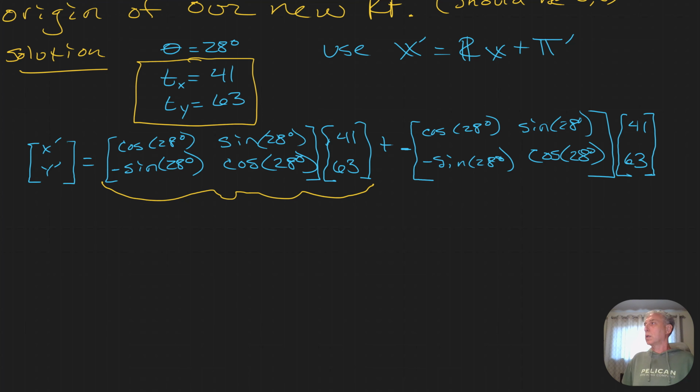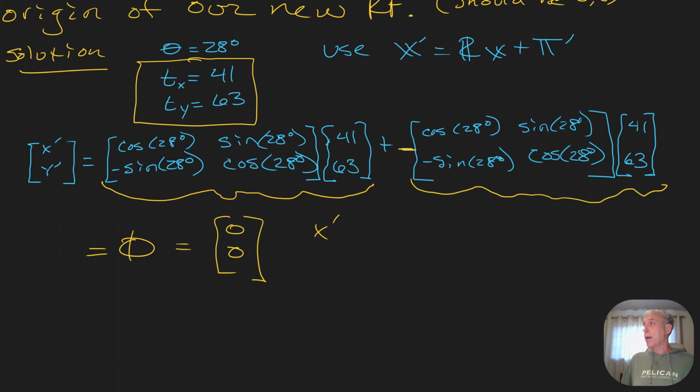This is exactly the same as this, but negative, so that equals the zero vector, or equals 0, 0, which is what we expected, isn't it? So x prime equals 0 and y prime equals 0. Those are the new coordinates of our origin in the new system, just like we expected. Now, I did post this example on Canvas. Let me bring it up.